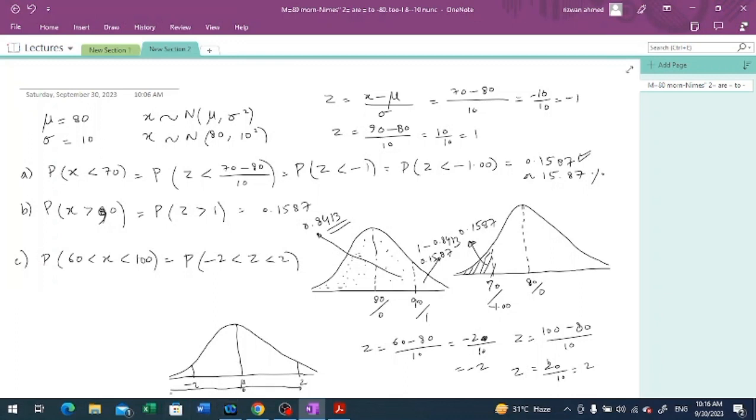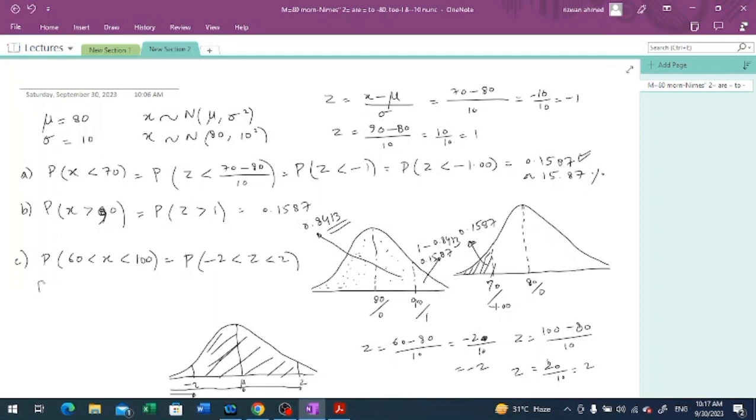And when we refer to the same z table for the probability across -2, it would give us the area up to -2 under the curve from the left extreme. So when we subtract this smaller area from this larger area, this is how we get the area between these two borderlines.